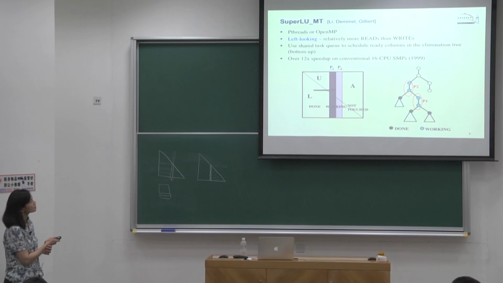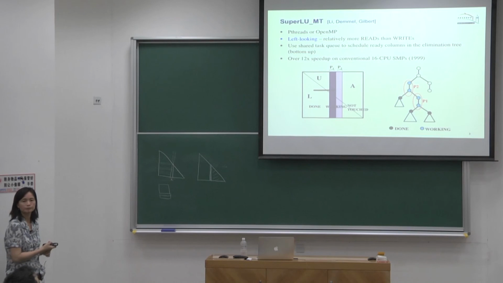Because of this synchronization and dependency, you actually cannot get a perfect speedup. That was over 10 years ago, on the shared memory machines of that time, I could get about a 12-fold speedup on 16 CPUs. You can never get a 16-fold speedup.